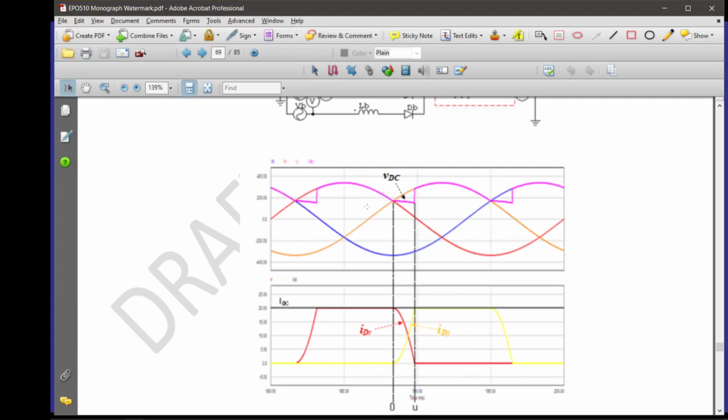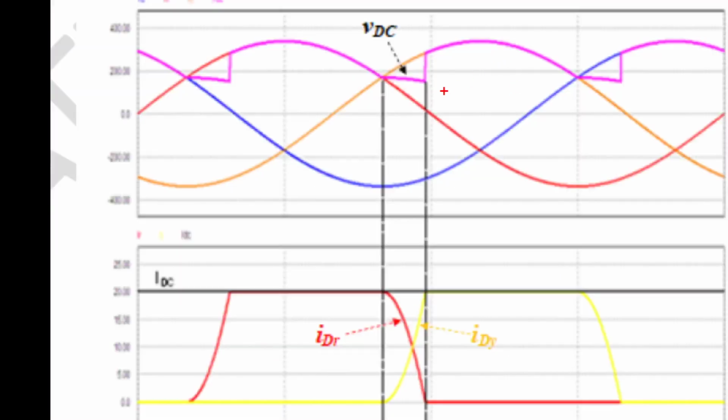So the current goes from 0 to IDC, and we can see that the current through the red phase goes from IDC to 0. If you look carefully at the output voltage, the pink voltage here represents the output voltage.